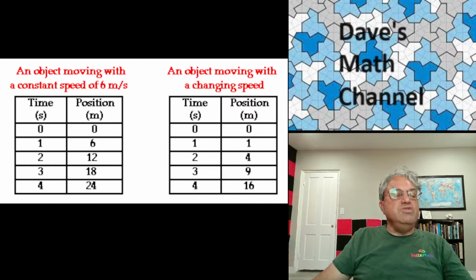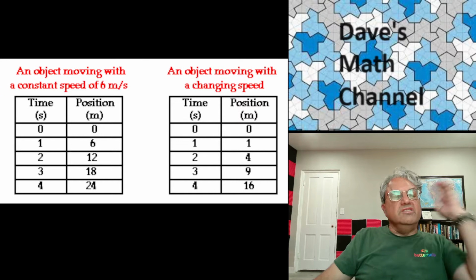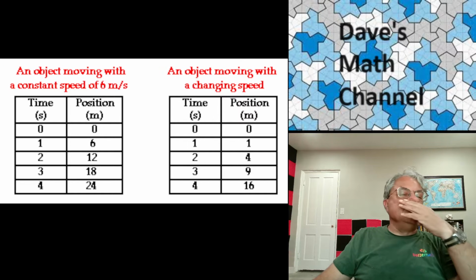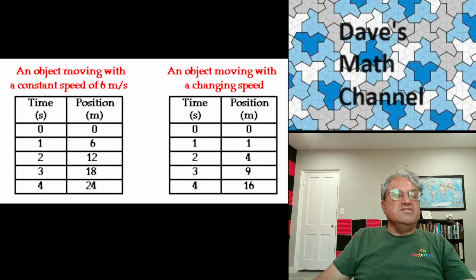If it's moving at constant speed, obviously, after 1 second, it's moved 6 meters. After 2 seconds, it's moved 12 meters. And so on. Position, if you like, displacement or distance, which is usually written as d or as s, is equal to speed times time. So we write time as t. If you use d, s and t, d is just s times t. So that's all you do for the table on the left.